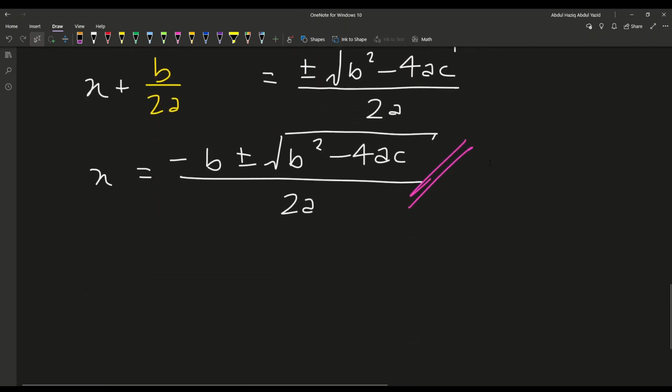And when we go through this process to simplify, we get back the quadratic equation. And I think that's absolutely beautiful.